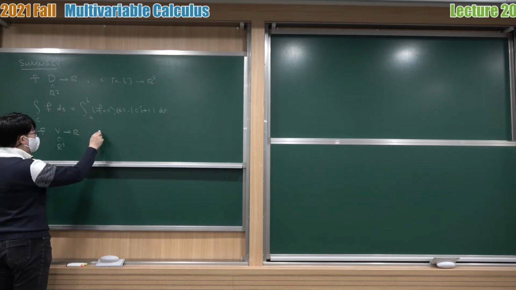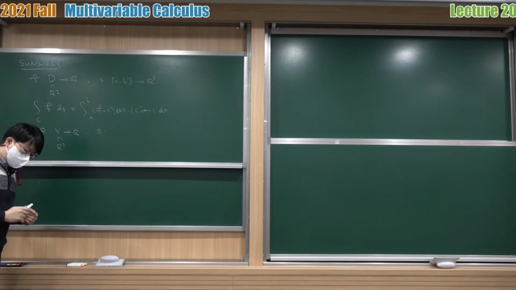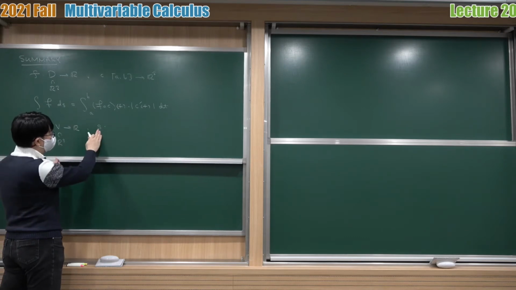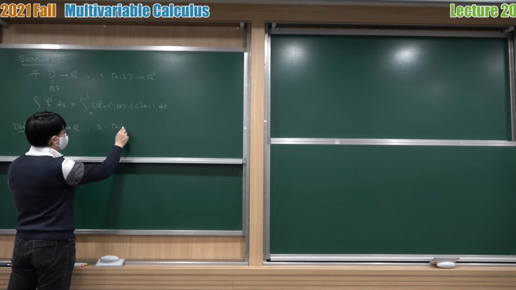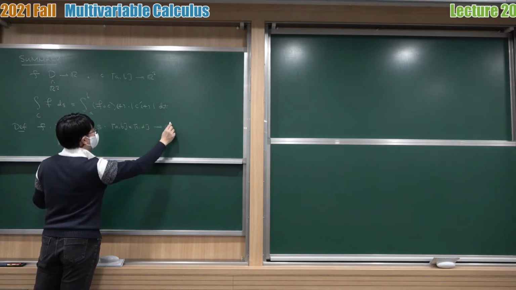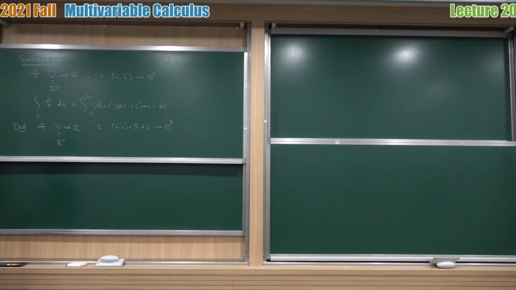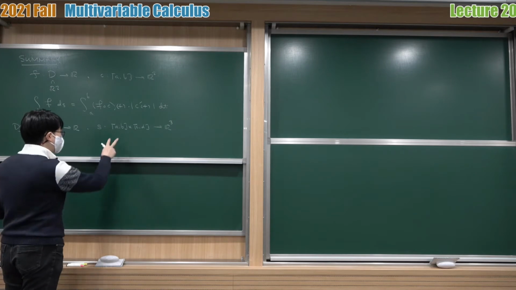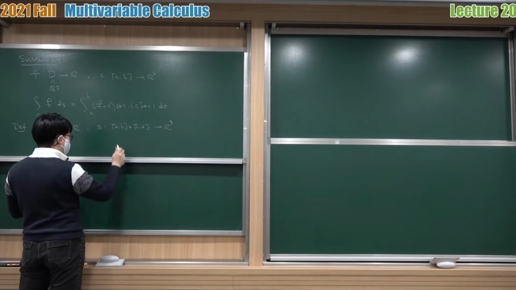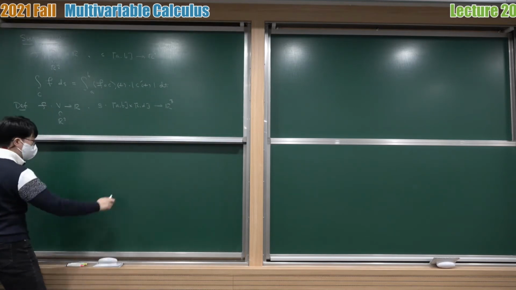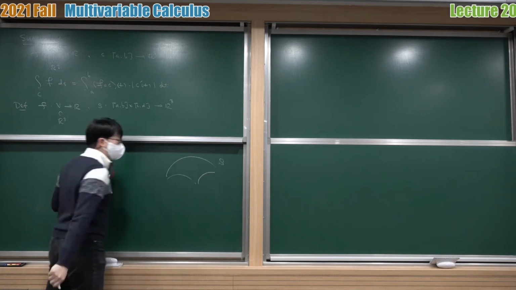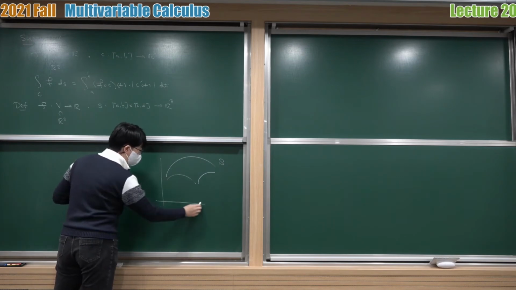And we are going to define a parameterized surface named as S. And let's say we're going to parameterize that surface using two variables. One is called u and the other is called v. So let's say this is our surface S in three-dimensional space.